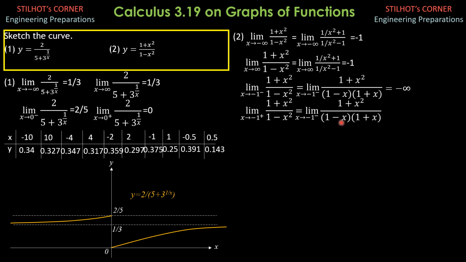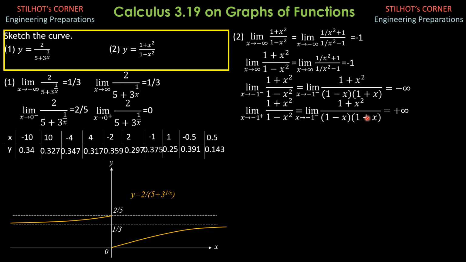So 1 minus negative 0.99 is positive 1.99. Then 1 plus negative 0.99 is 0 but positive. So almost 2 divided by almost 0, which is positive, is positive infinity.